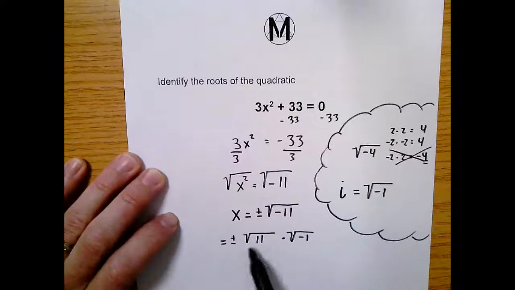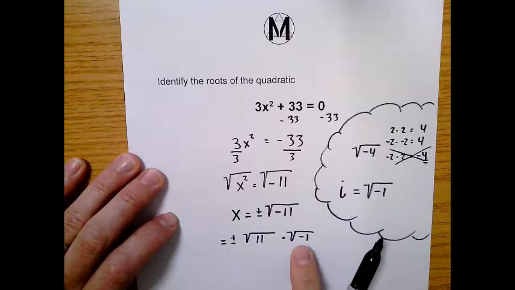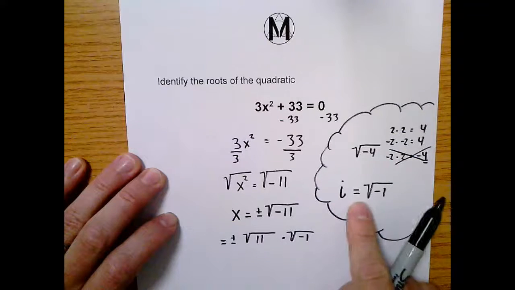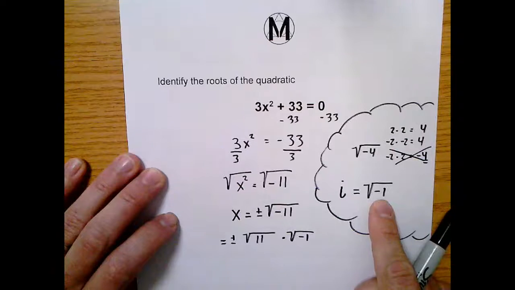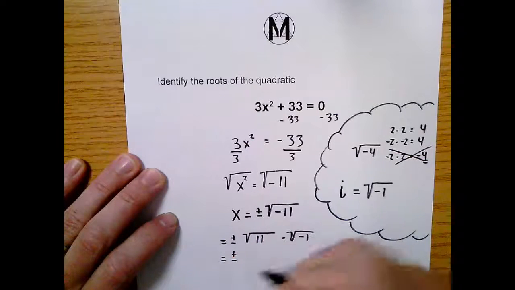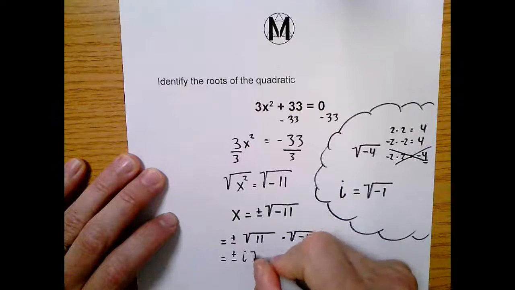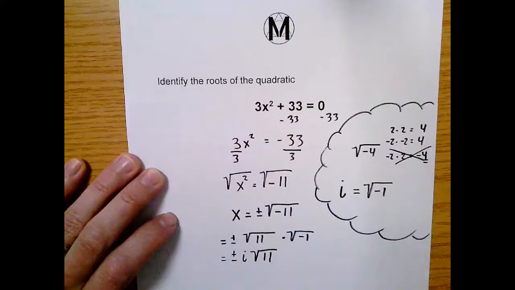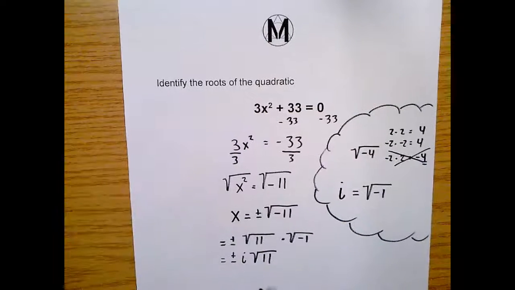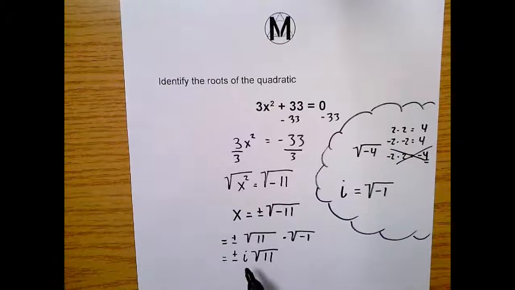But by separating these out, it allows us to represent this as i, because we just said i is the square root of negative 1. So we rewrite this as plus or minus i root 11. And that tells us that the roots of our quadratic, well, they're imaginary.